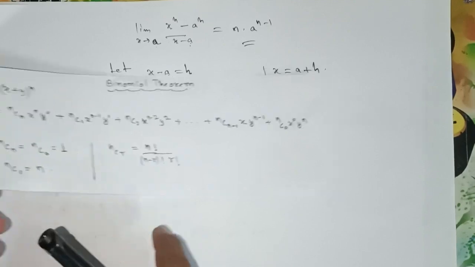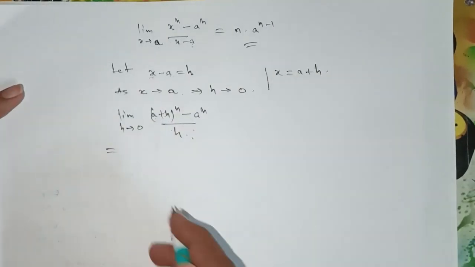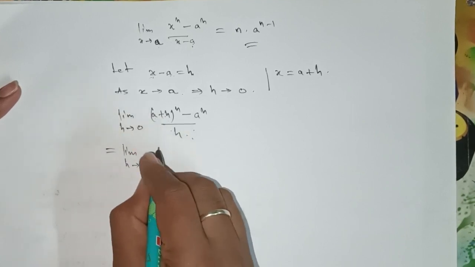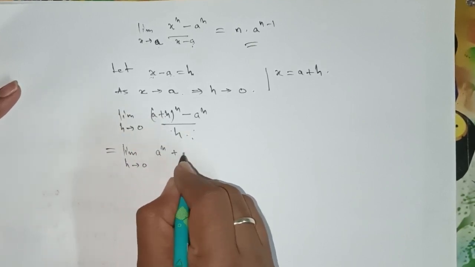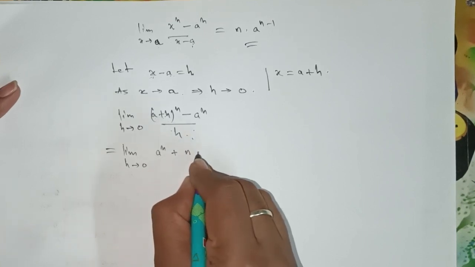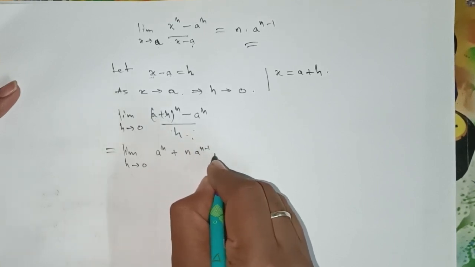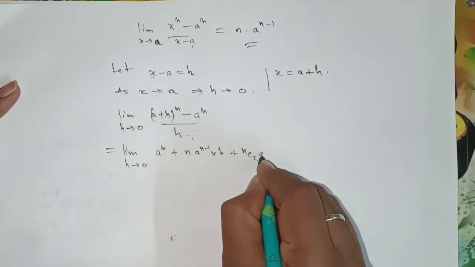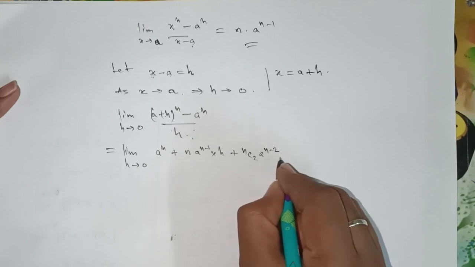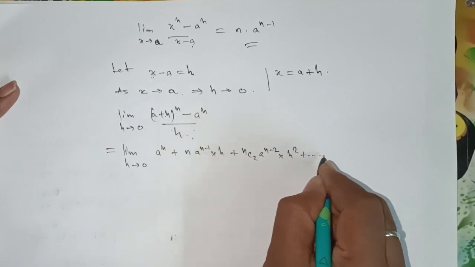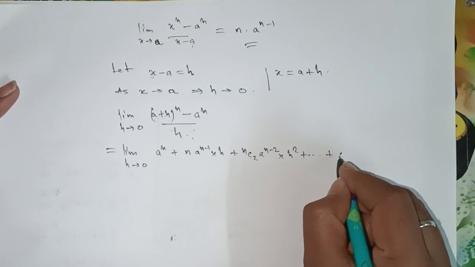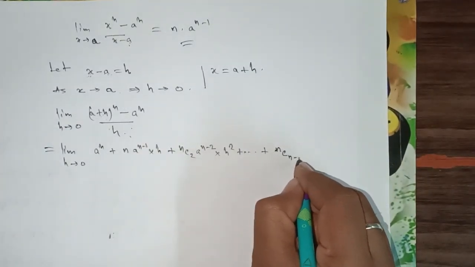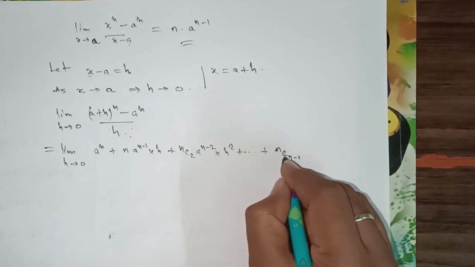So we'll apply the binomial theorem here. Once we apply it, we'll get a to the power n plus n a to the power n minus 1 into h plus nC2 a to the power n minus 2 into h square. Similarly, we get up to the last term.